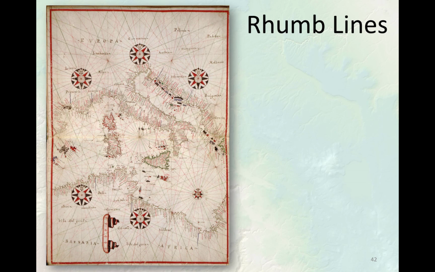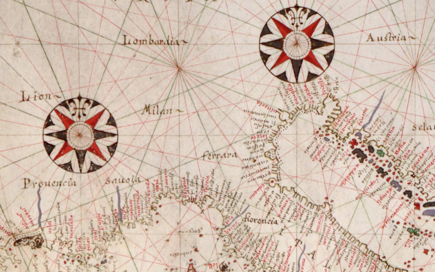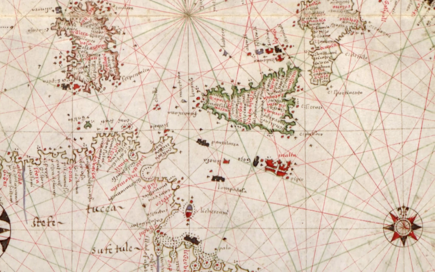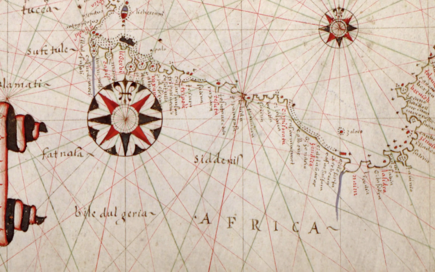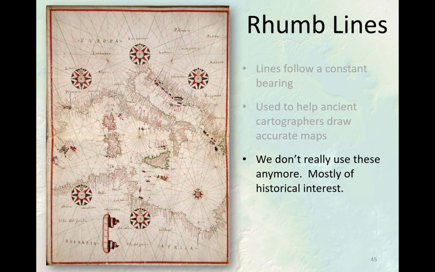Now this particular example is a map called the Portolan Atlas of the Central Mediterranean by Joan Oliva from 1590. So it shows these rhumb lines following these lines of constant bearing. Like I said, they helped ancient cartographers draw maps. They're cool looking, but they're not really useful anymore.